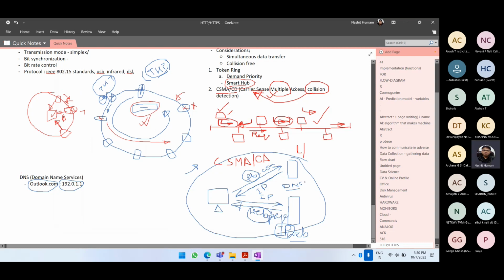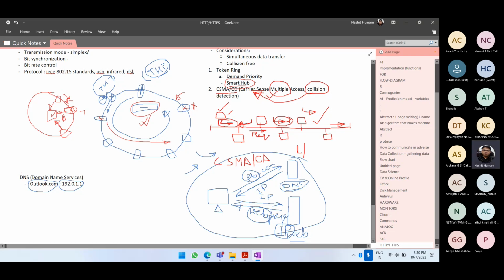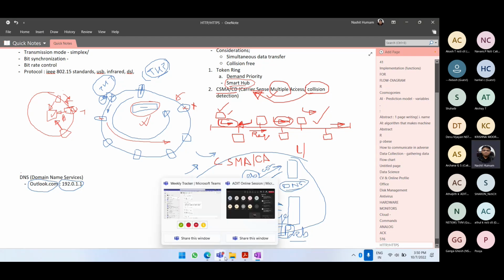This DNS is being implemented by my gateway or my service provider. My gateway or my service provider is providing this.